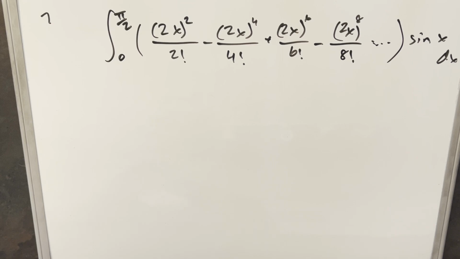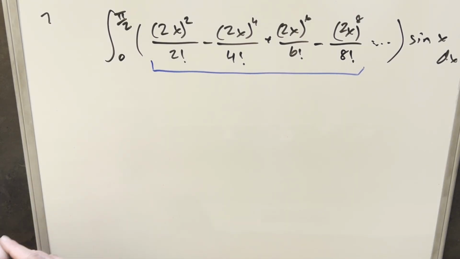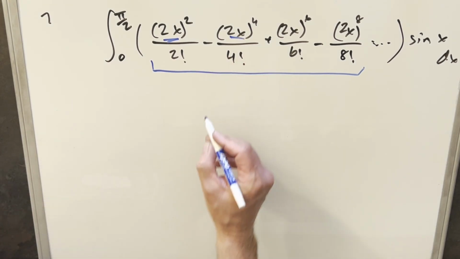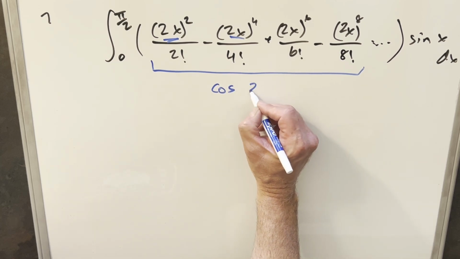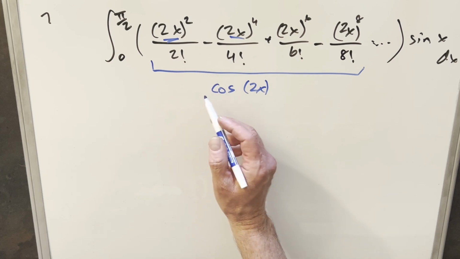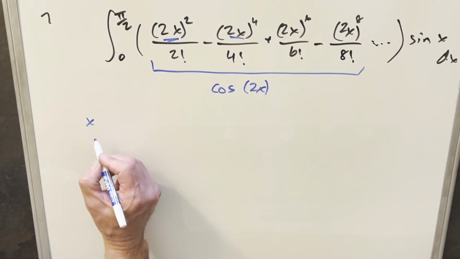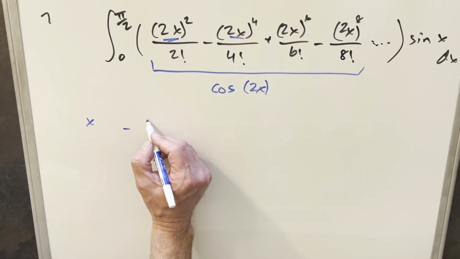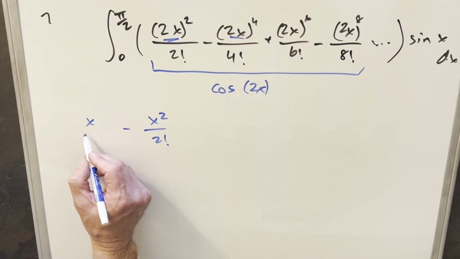Now the thing we need to notice is that this is really similar to the power series for cosine, but they've inputted 2x here. So this isn't really cosine x, this is very similar to cosine 2x. But if you actually look at the formula, they've reversed the sign, because I think this one should be a negative.